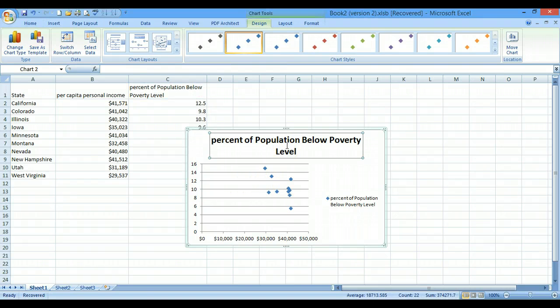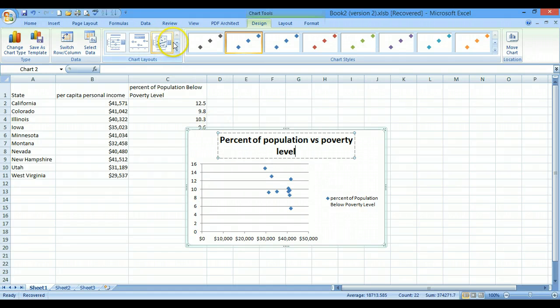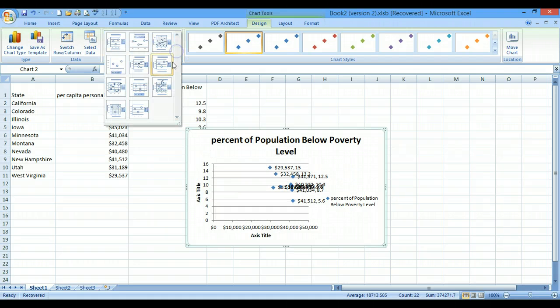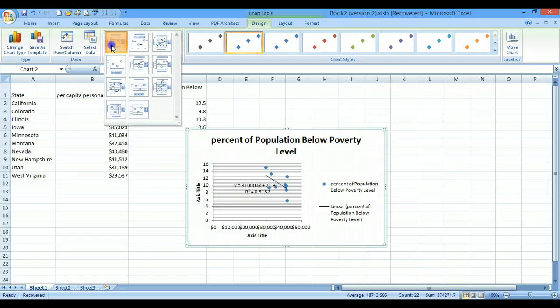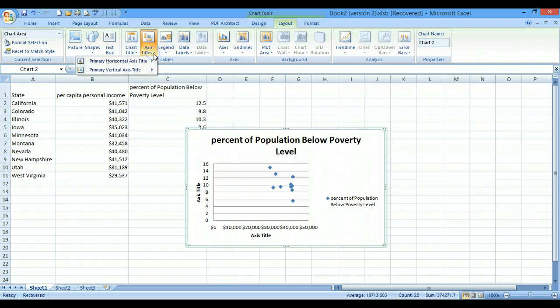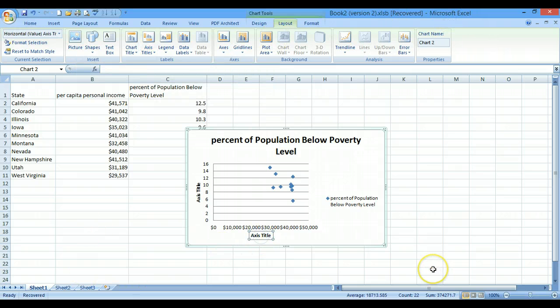Now I can change this to be the percent of population versus poverty level for different states. I can also change my formats over here, or I can go back to the original and go into Layout and give myself different axes and put things in here.